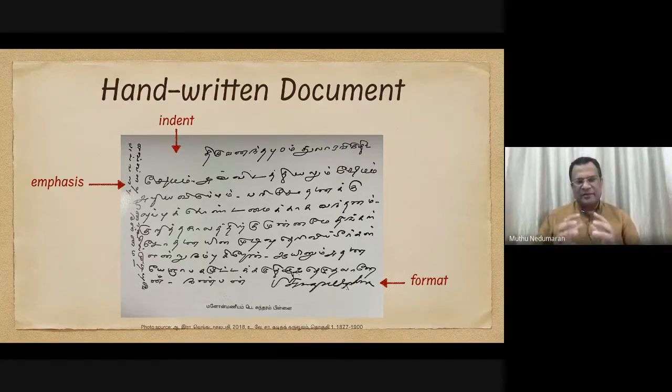And formatting of the document plays a very important role in presenting our content because it actually takes for granted an understanding the presenter or the publisher or the writer or the author has with the reader. So let's start from there. Let's start from a handwritten document and why the formatting of the document is important, in addition to the content of the document.